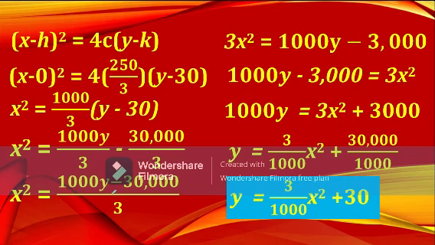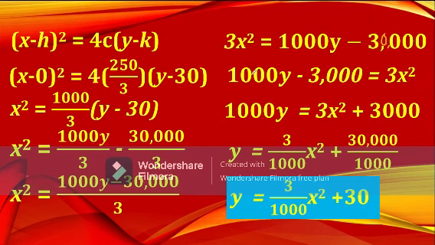Then cross multiply, or multiply both sides by 3. We have 3x squared is equal to 1000y minus 3000. By the way, this is 30,000, correction. So I'll make some correction. This must be 30,000.